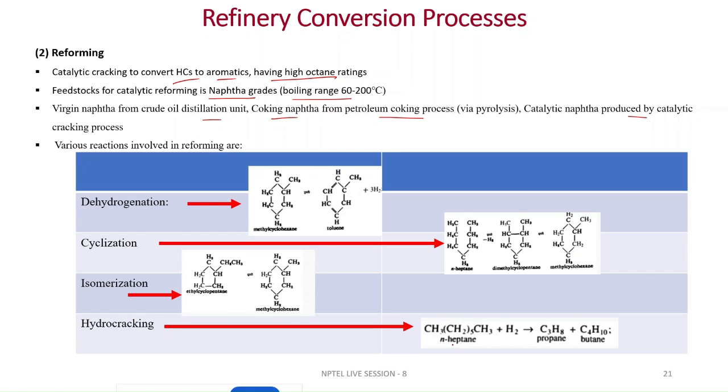Hydrocracking, that is N-heptane, it produces propane and butane. So this hydrocracking is not desired because it produces very low octane rating compounds. Those are not required. So the dehydrogenation process is a very important step.